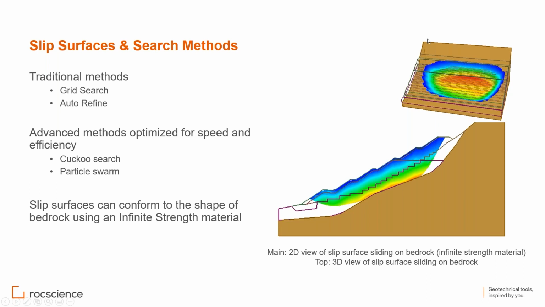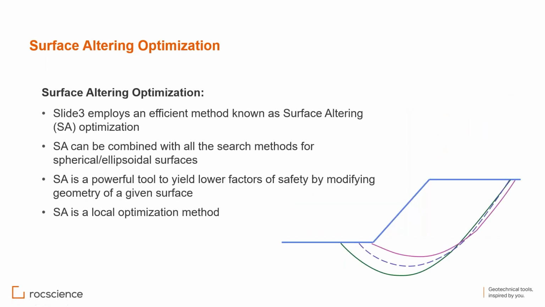And the slip surface can get any shape using these two methods. On top of these metaheuristic search methods, we have our in-house advanced local optimization method, which is called surface altering optimization, which is going to optimize your critical slip surface even more. And that's the key, because in 3D slope stability analysis, you should find the correct critical slip surface. Otherwise, your slip surface gives you the wrong factor of safety.